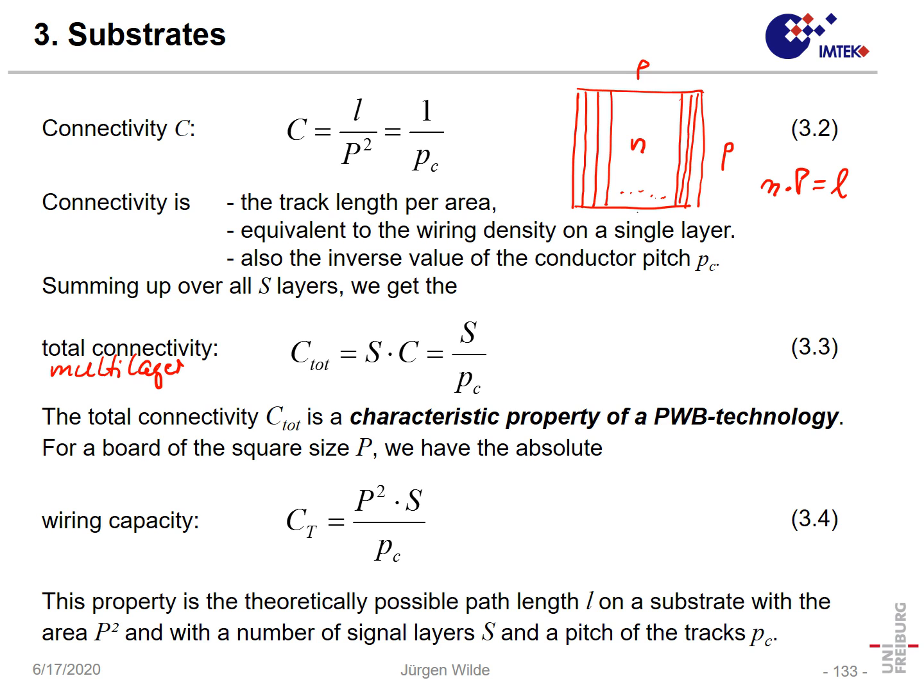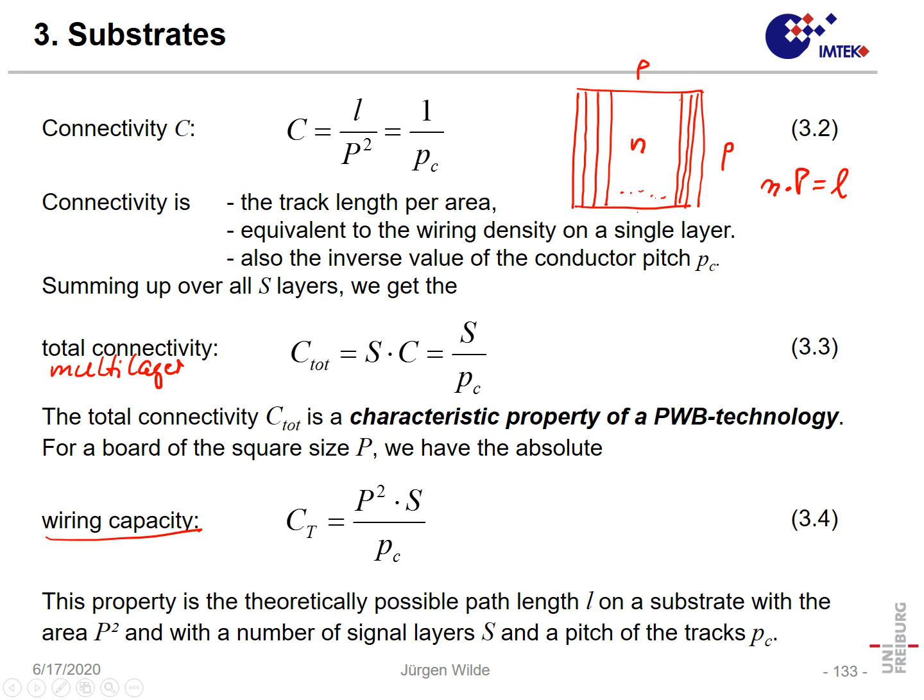So generally, when we look again at a board as a component, we have a wiring capacity on that board, and that wiring capacity is the square of the area times the number of layers divided by the pitch. And that is the theoretically possible pad length on a substrate with the area P square and with the number of signal layers S at a pitch of Pc.